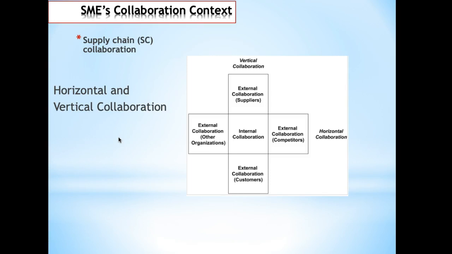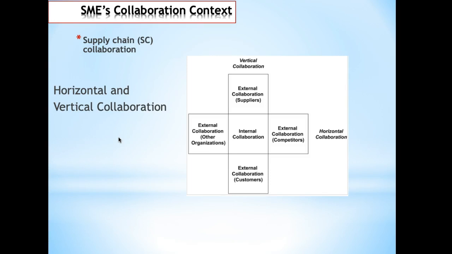But an additional piece of knowledge we would like to have is that horizontal collaboration involves companies that are in the same field. They may be competitors, but yet they collaborate to address the same problem all of them are facing.